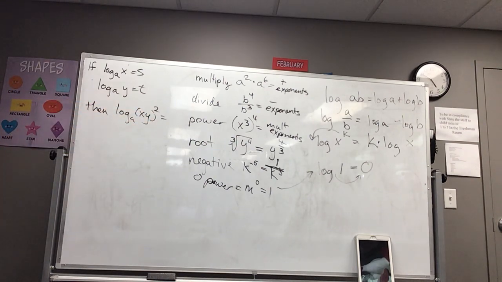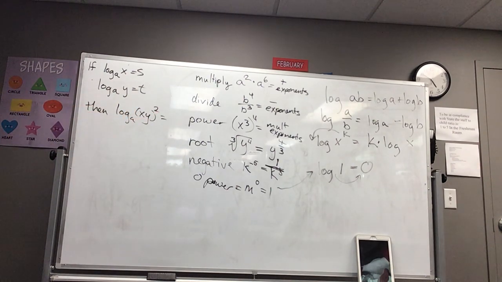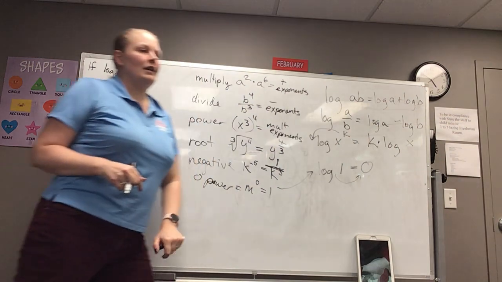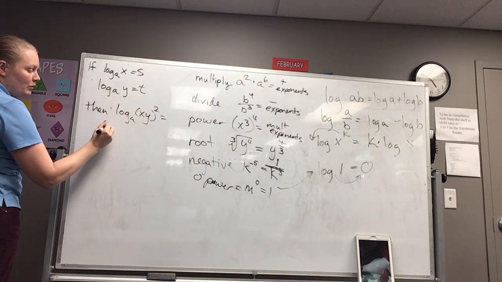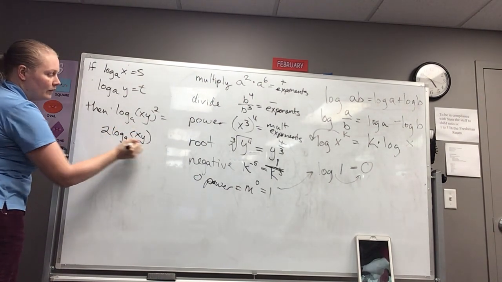And just like solving, we want to peel off the layers first. We need to deal with this too before we can talk about the multiplication. And so with the power, all we have to do is bring it down out front. This 2 is going to come out front, and this becomes 2 log base A of xy.